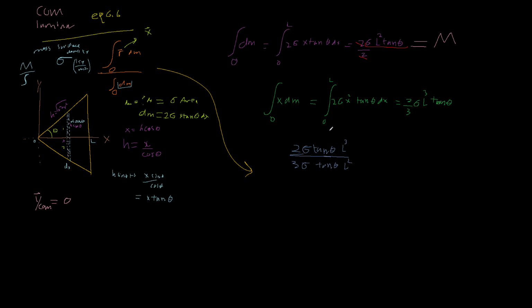Most of these terms cancel out, and we end up left with 2 over 3 L. This is equal to the position of x, so I'm going to call it big X. Our center of mass is equal to big X, big Y, which is 2 over 3 L and 0. So that's that. This is the position vector for our center of mass.